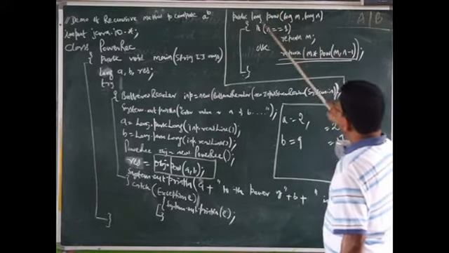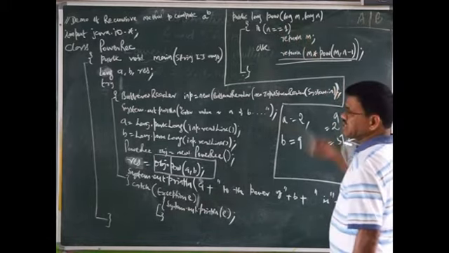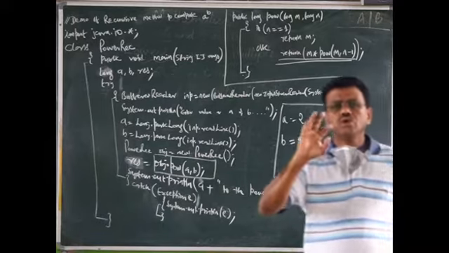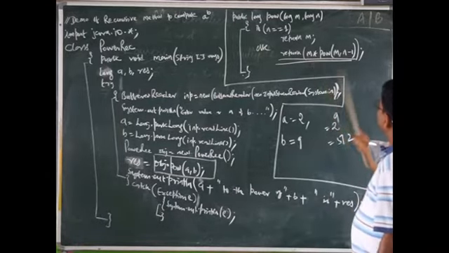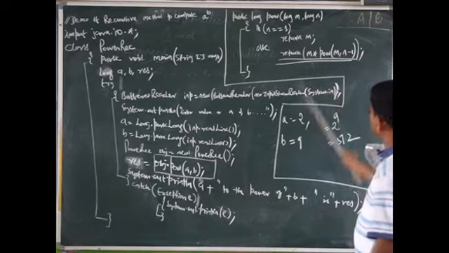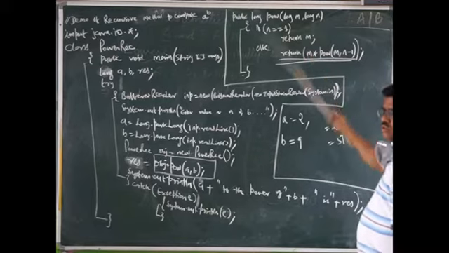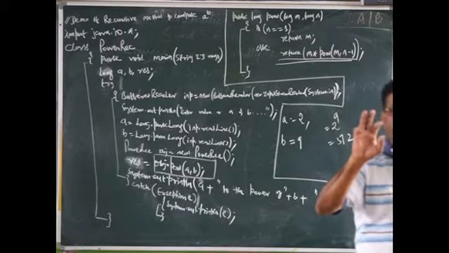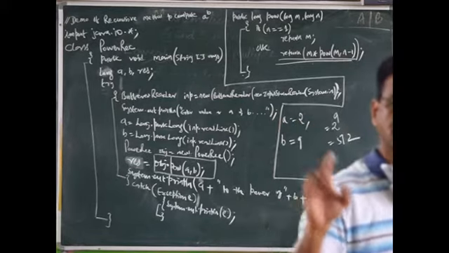How long will it do this? The moment N is 1, the value of M gets returned. Recurring multiplication will keep taking place. First 2 into 2, then 2 into 2. How many times do you do it? 9, right? 9, 8, 7.